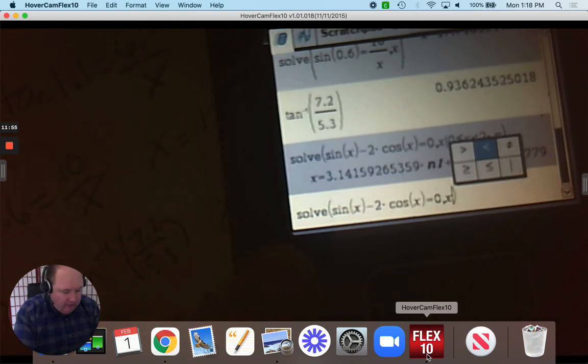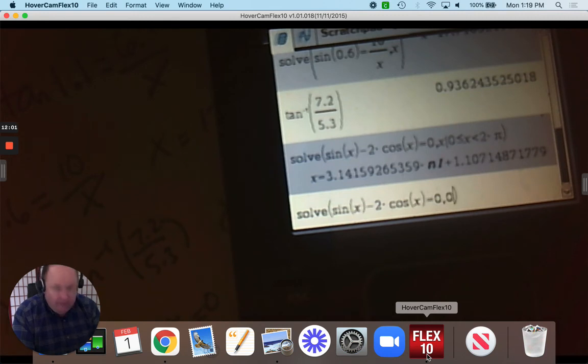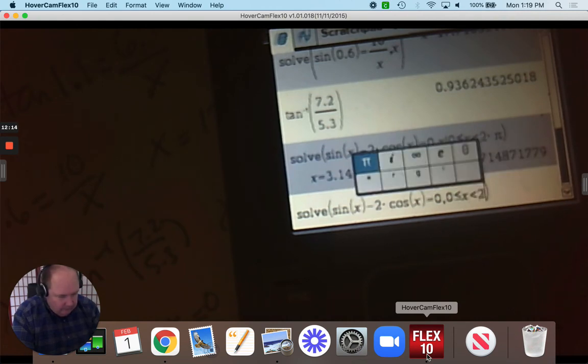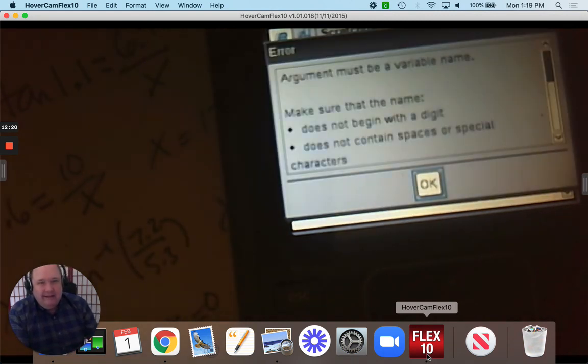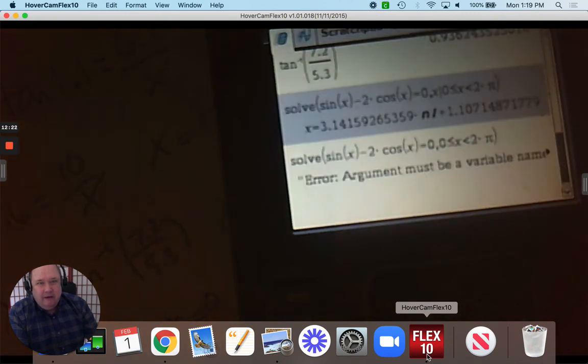So I'm going to try it this way. Let's see if I got it. So I'm asking to solve that equation between 0 and 2 pi. No.